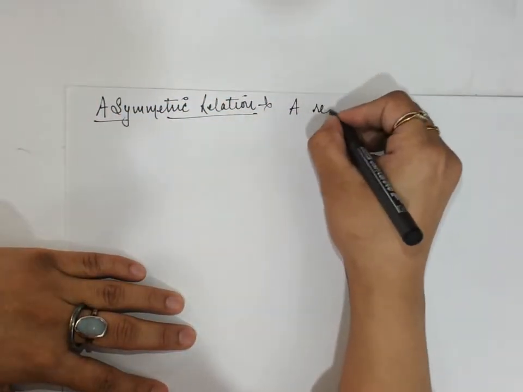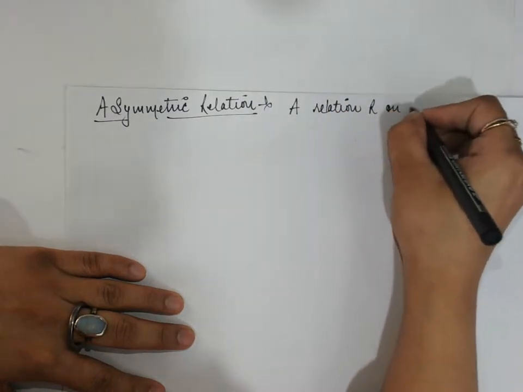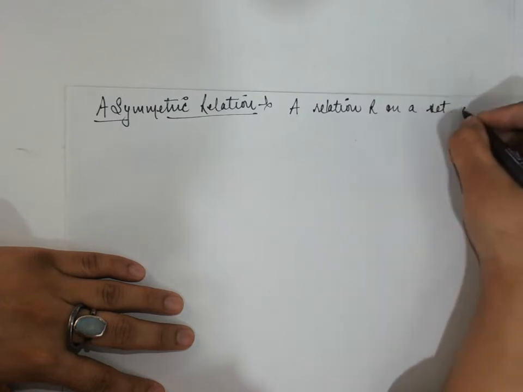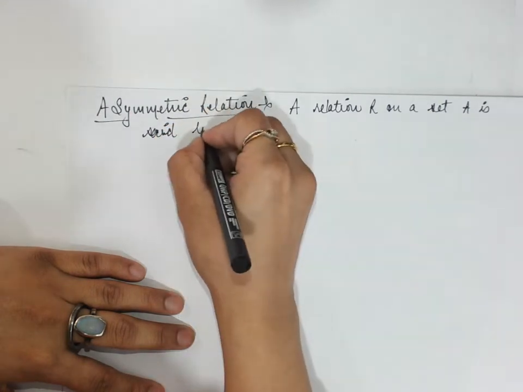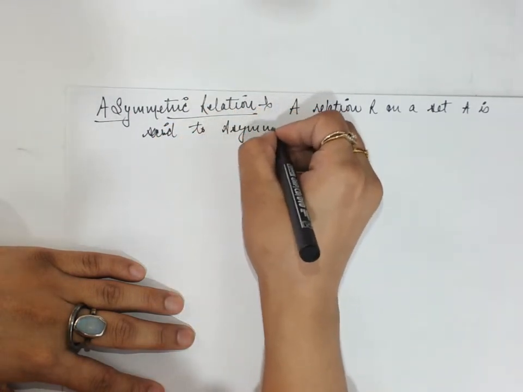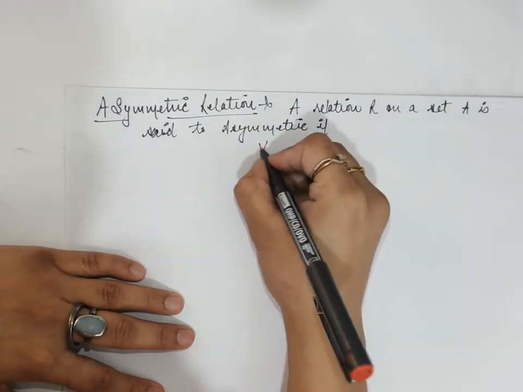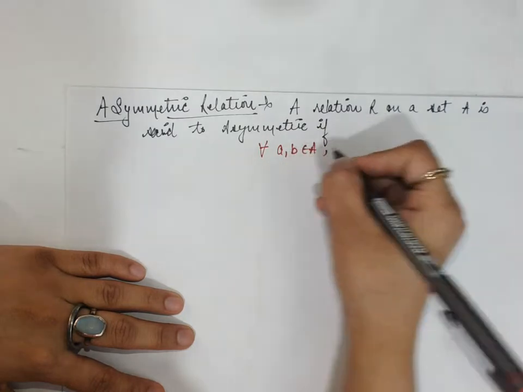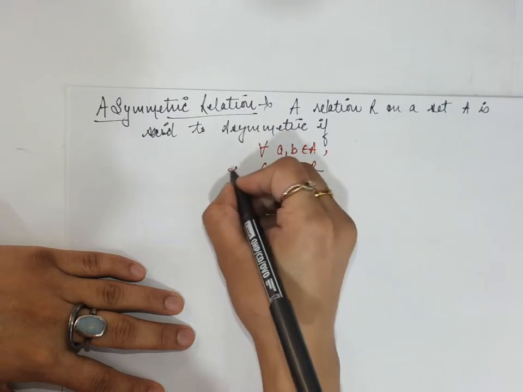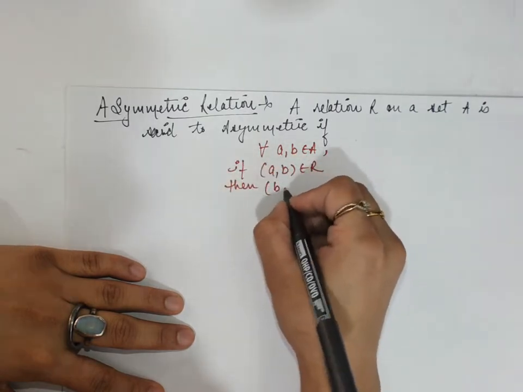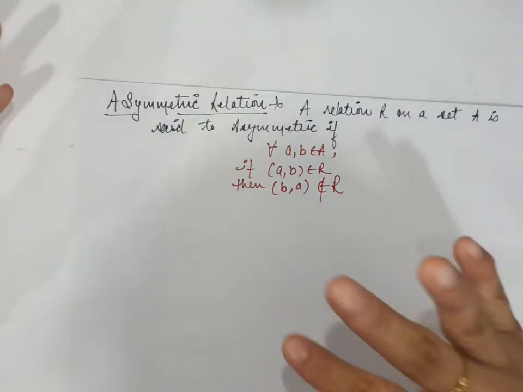A relation R on a set A is said to be asymmetric if for all (A, B) belongs to R, then (B, A) does not belong to R. It says the opposite of symmetric relation.